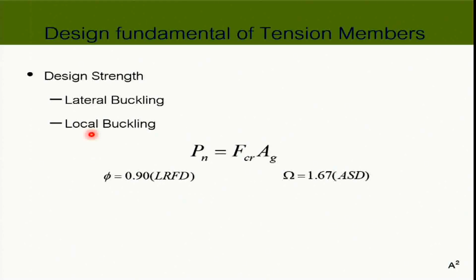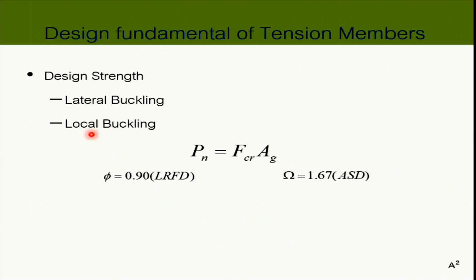And the general idea is this equation, ladies and gentlemen. No matter what you do, no matter what I talk about, it all comes down to this equation in the end. The stress at which failure occurs multiplied by the area. And now it is our job to find the appropriate way to approximate that stress.